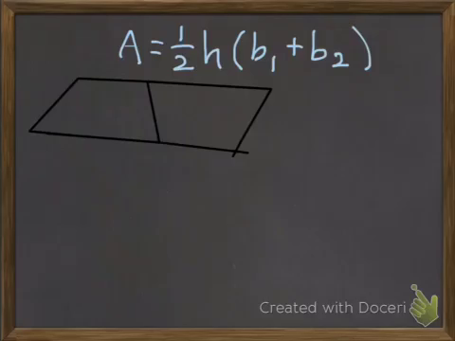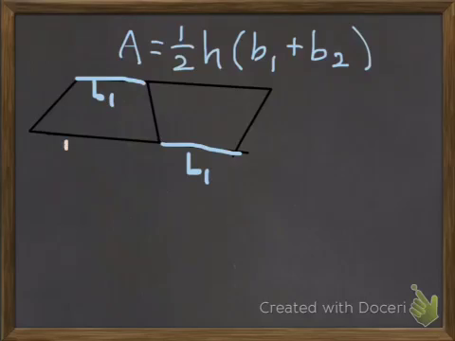I just kind of flipped one. So let me color it so you can see. This side here we'll call base 1, B1, and that's going to be the same side as down here. So I have the same trapezoid, I just flipped it upside down for the second one over here. So this base 1 is down here, base 1.